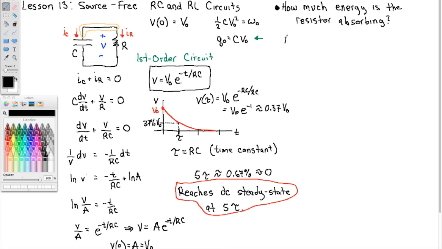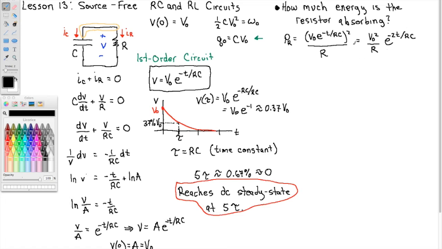So the power in that resistor is V0 e to the minus t over RC, squared, divided by R. So when you square an exponential, that's twice the power of the exponential.